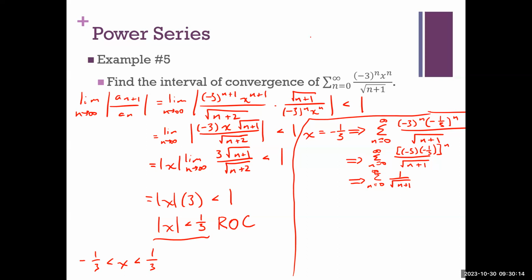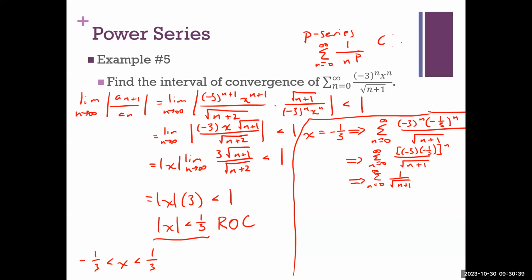So one thing we've talked about before is this idea of a p-series test or a p-series theorem. If you have a series that looks like this, where it's simply 1 over n to the power of p, for what values of p does this thing converge?